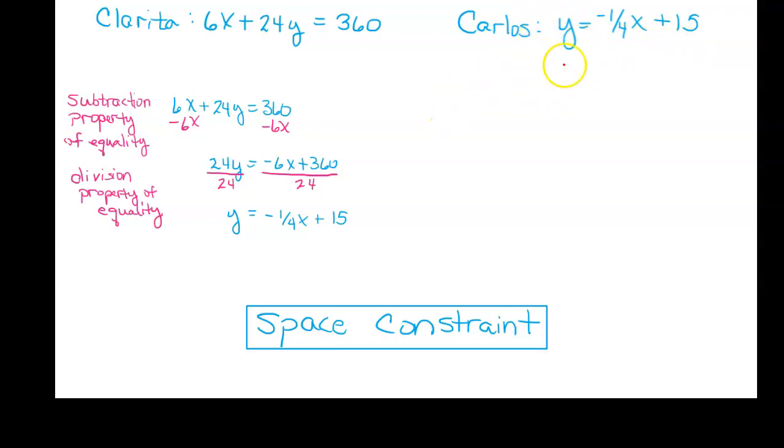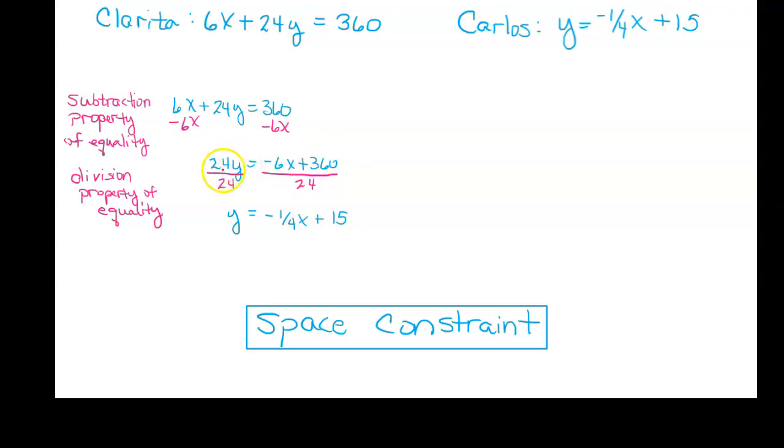So in order to get y by itself, we've got to get rid of or undo what's being done to y. The first thing that we notice is that y is being added to 6x. So we're going to do the inverse of that to both sides of the equation using the subtraction property of equality. We're going to subtract 6x from both sides of the equation, and we get 24y equals negative 6x plus 360.